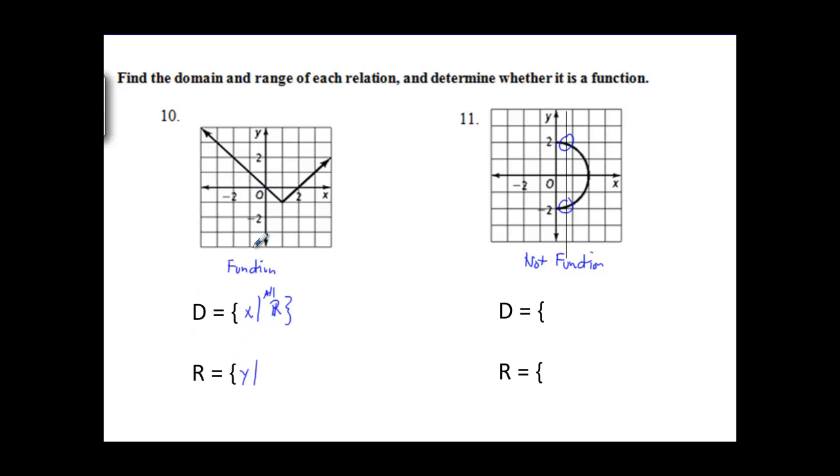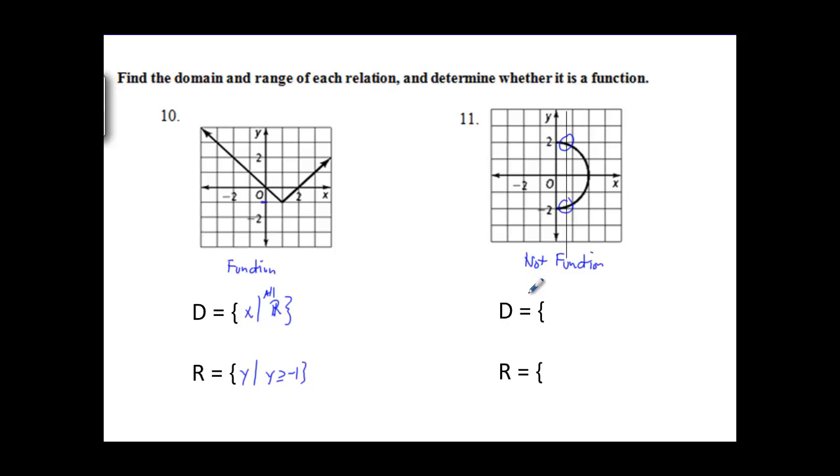And the range, let's do from the bottom. For y, we go down to -1. That's the lowest it could possibly be. But if we go up, the graph continues, and I can go as high as I possibly can, so all of the positives are okay. So y needs to be greater than -1, and since it's a solid point, not dotted, we say y is greater than or equal to -1.